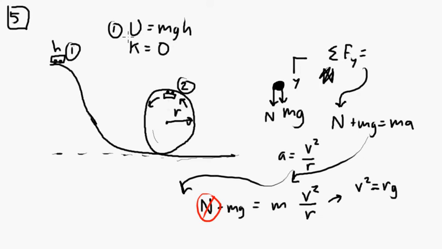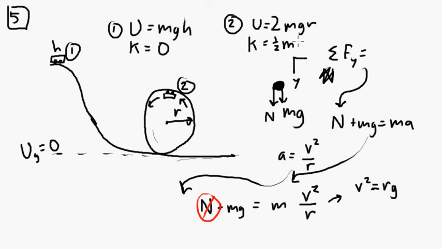Okay, so at state 2, the potential energy then, and I should have said, by the way, for state 1, I'm measuring potential energy due to gravity as 0 right here. So at state 2 now you are r up and then another r up. So your total potential energy from gravity is 2mgr, and your kinetic energy is 1/2 mv squared, and your v had better be this.